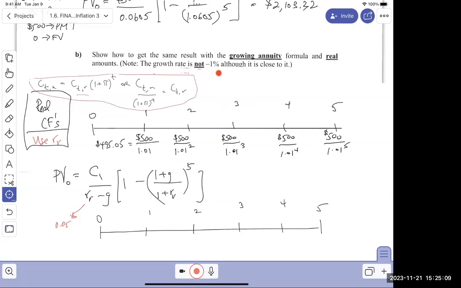It's very close, but it's not just the opposite of inflation growth, because it's multiplicative as a factor here, and here it's divided. It's not exactly 1%, but we're going to figure out what it is. Thank you for the suggestion. So we have to remember the pattern of the growing annuity was like this.